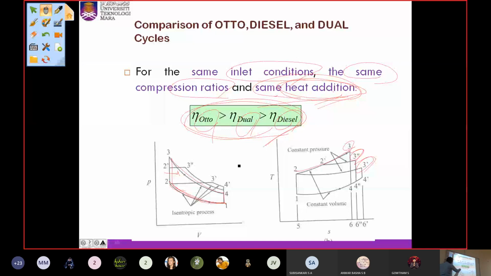You can take this, so this is your constant volume, then isentropic compression. So here we have the auto cycle. Then this is your diesel cycle. Constant volume, then constant pressure followed by isentropic process.